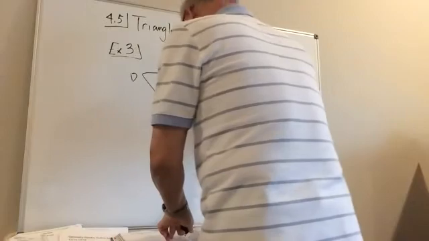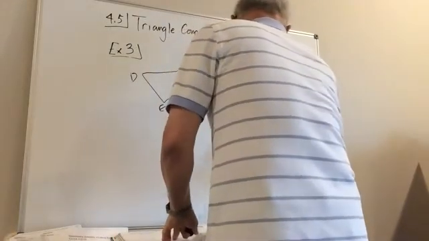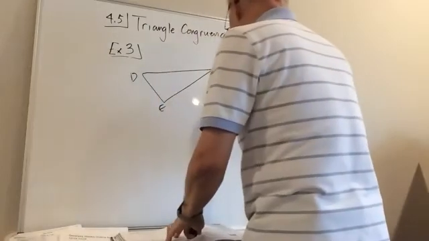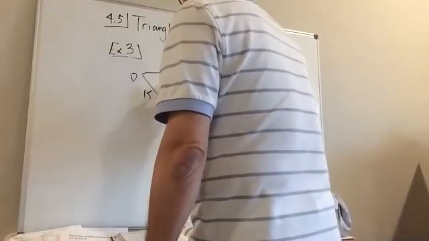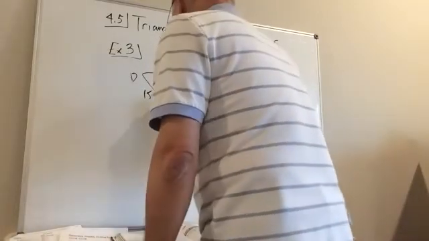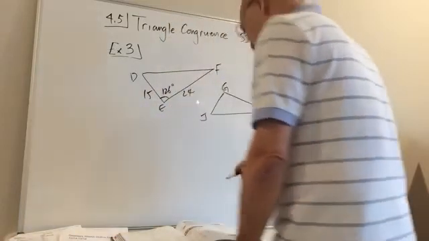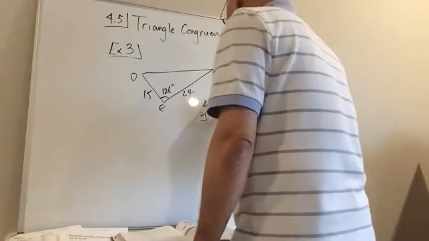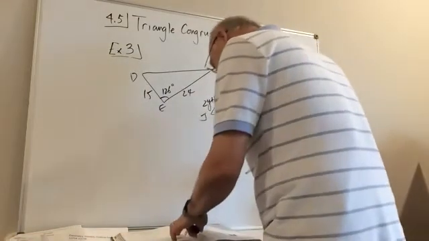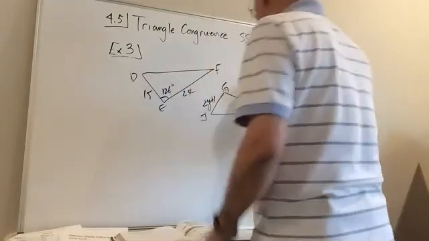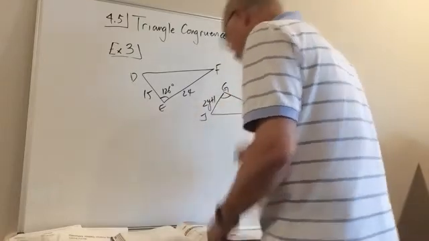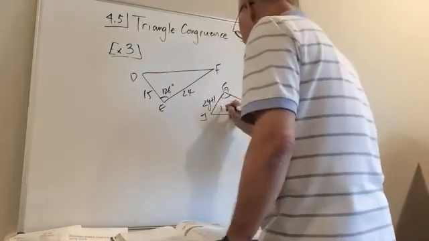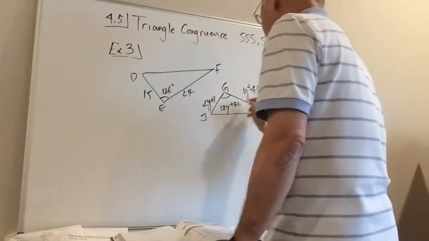We have DEF, and we have GJH, 15, 24, 126 degrees. And we have 2y plus 1, y squared minus 4y plus 3, and an angle measure of 12y plus 42.